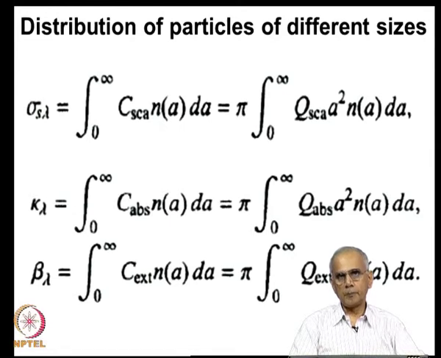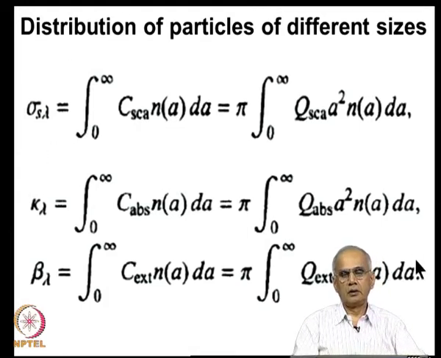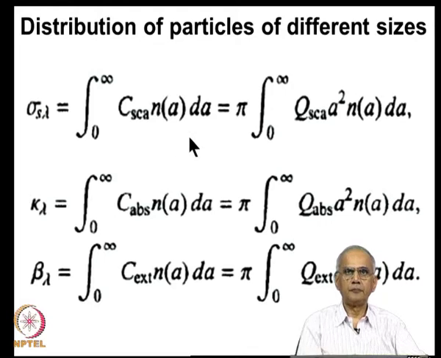Suppose you have a distribution of particles of various sizes, then when you convert cross section to a scattering coefficient, you have to multiply with the distribution of particles as given there.